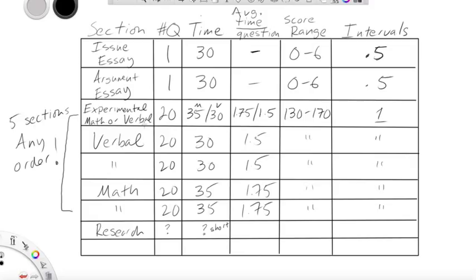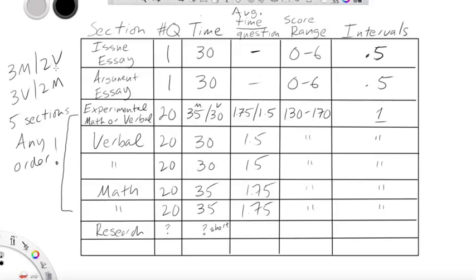The one thing you do have to worry about is the experimental section, which means that you will either have 3 math and 2 verbal sections, or you'll have 3 verbal and 2 math sections. So you'll at least know by the end of the test which type of section was experimental. Not precisely which one, but whether it was the verbal or the math.